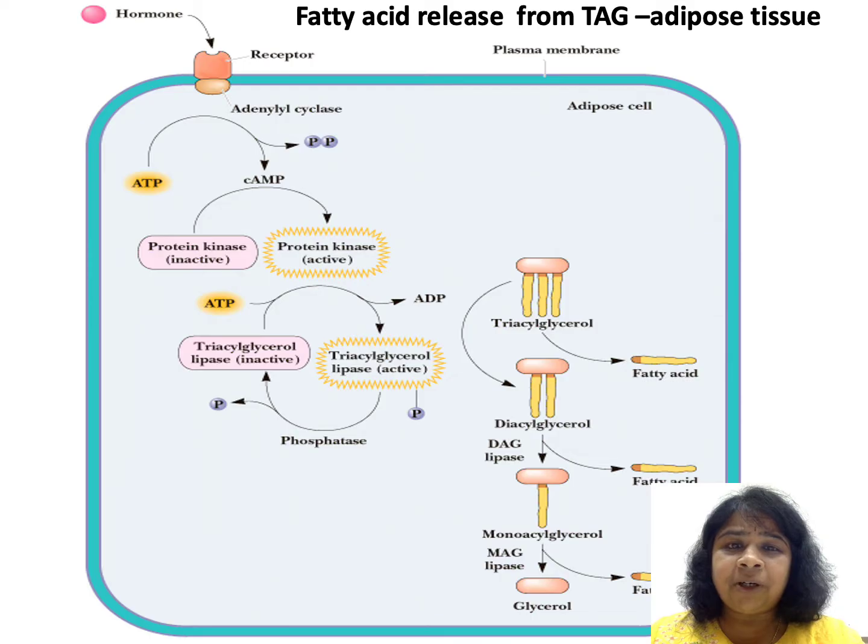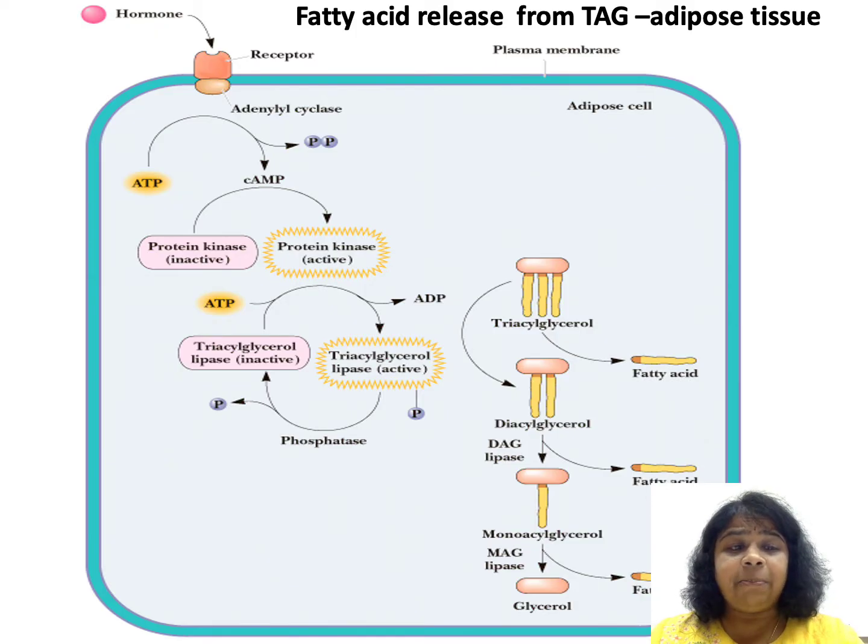I am sure you have come across this process previously when you did carbohydrate metabolism, that is the regulation of carbohydrate metabolism. You would have seen this cascade happening. So it is the same thing. ATP is converted to cyclic AMP by adenyl cyclase.